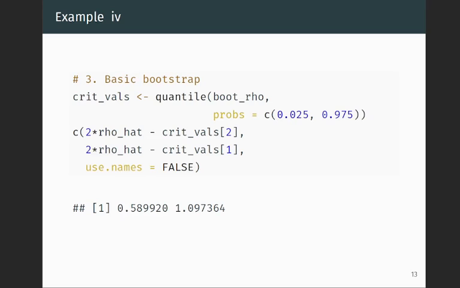If you do, you'll see that you get names for each element of the vector, and they don't really match the percentiles that we would expect. And so just to avoid confusion, I remove them by using use.names equals FALSE. And now what we get is, again, a confidence interval that's going over the range of valid values. It goes from 0.59 to 1.1.